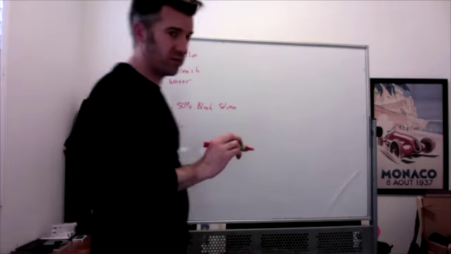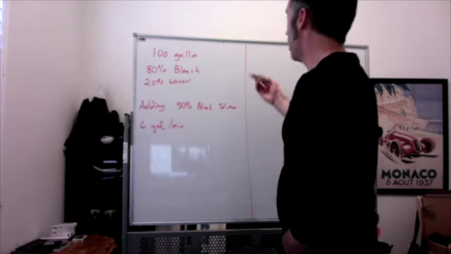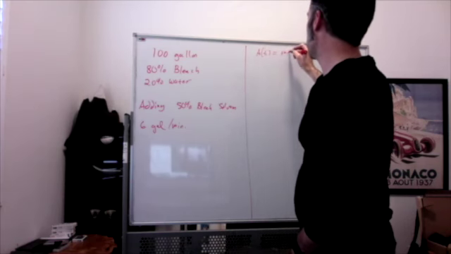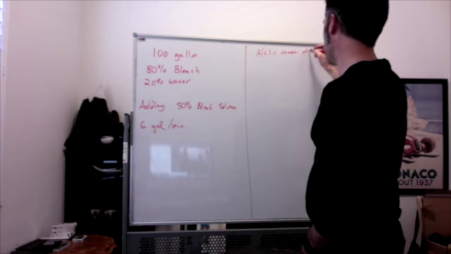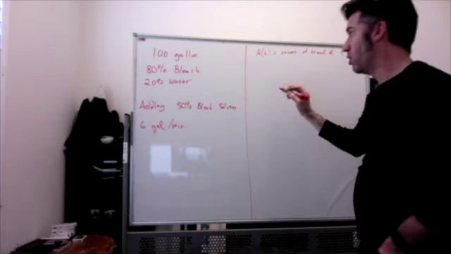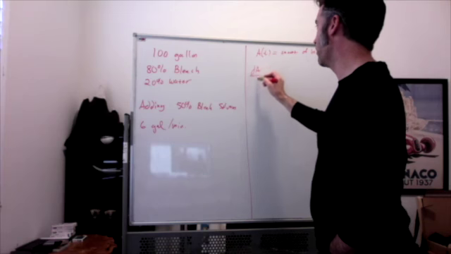I'm going to do this probably faster than I normally would. So setting up the differential equation, let A of t be the amount of bleach at time t. We want to set up a differential equation for the rate of change of bleach.